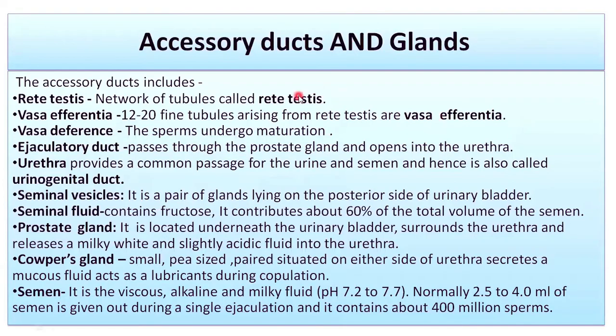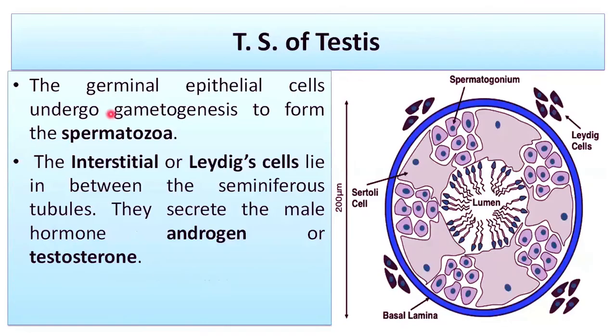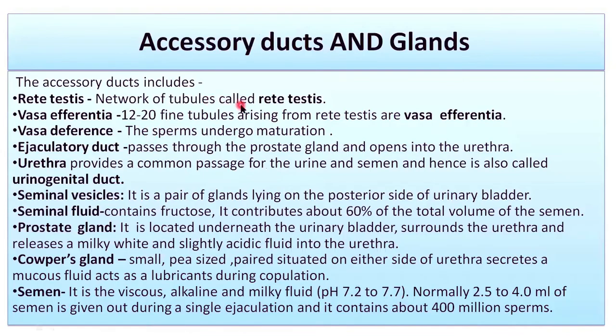Now, see which accessory ducts and glands are present. What is the function of these glands while transferring the sperm? So, accessory ducts include the rete testis. I just told you what the rete testis is. These rete testes are a network of tubules.